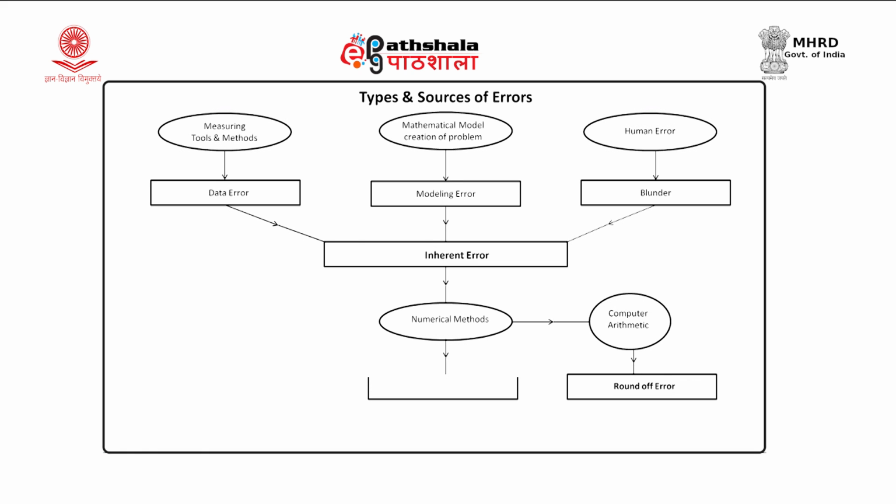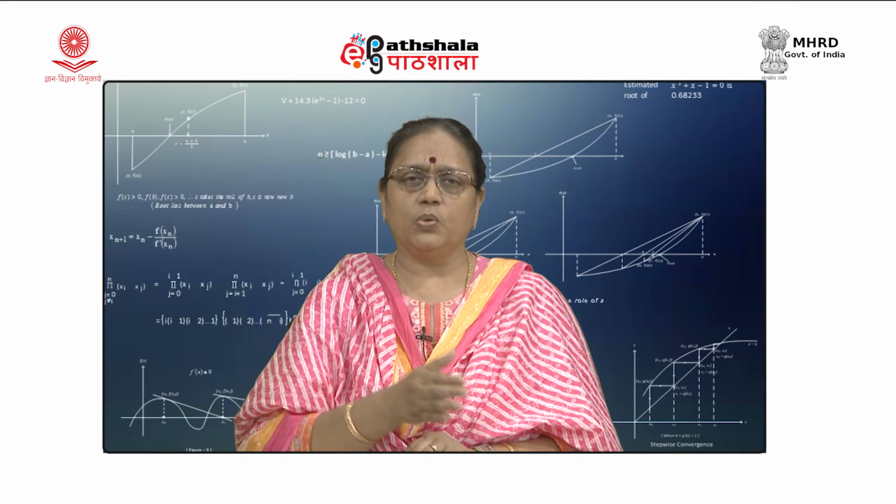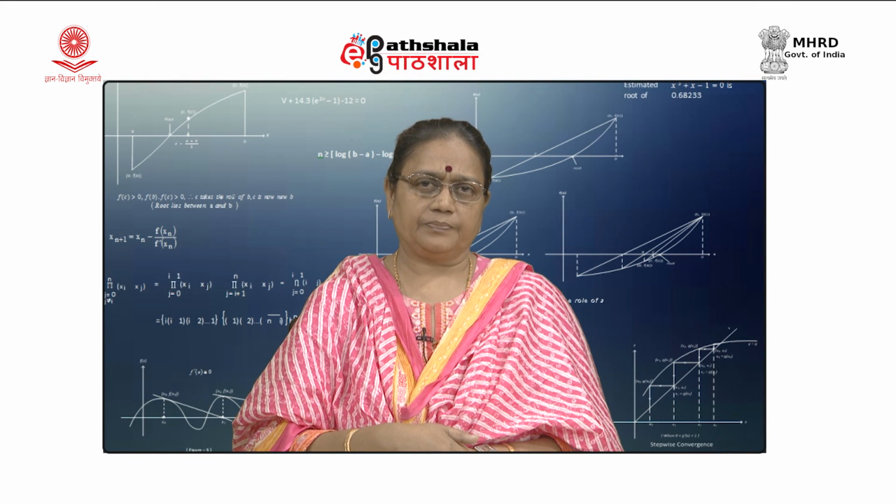And secondly, because numerical methods are approximate methods, they convert an infinite process to a finite process, and as a result there is error due to the approximation, which is called truncation error. These truncation error and round off error together give us the total numerical error, the error arising due to numerical computations.